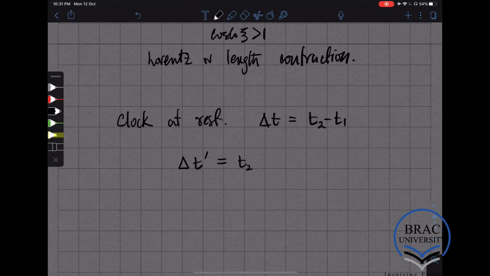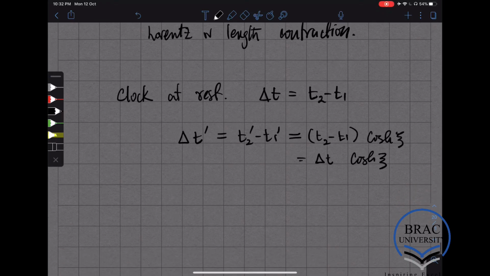That will be t2 prime minus t1 prime, and that is going to give us t2 minus t1 times cosh of psi. So this is equal to delta t times cosh of psi.